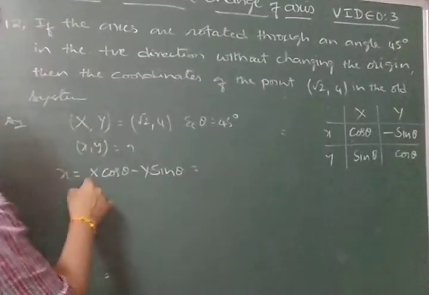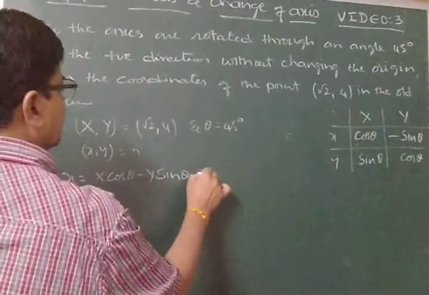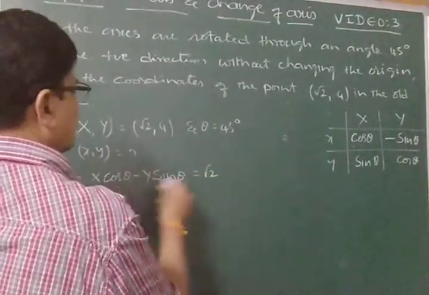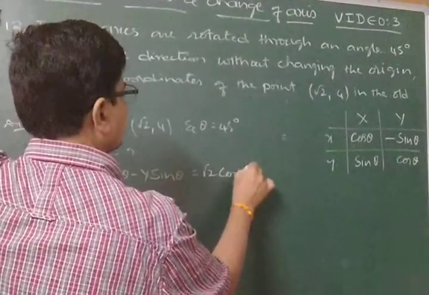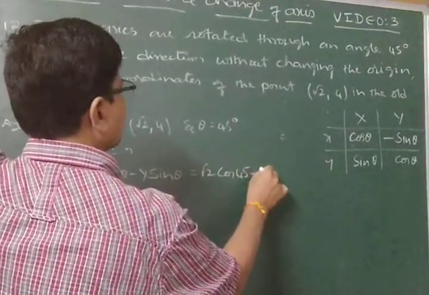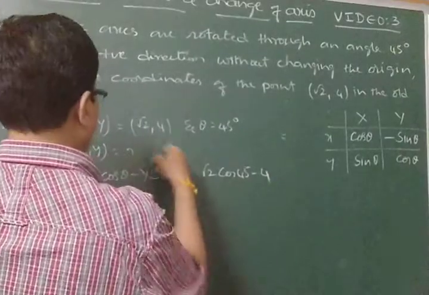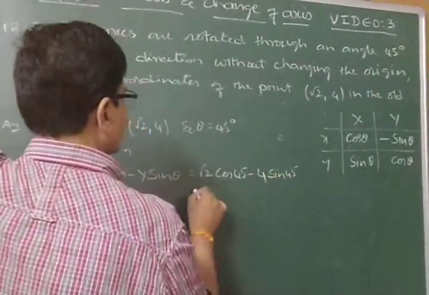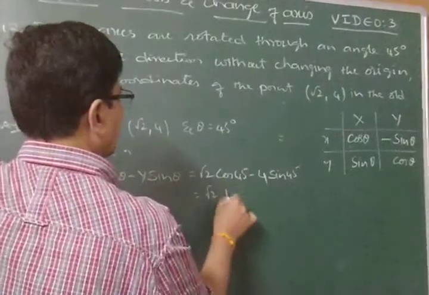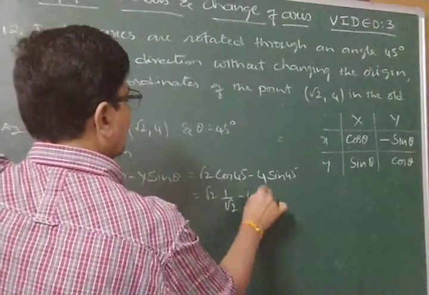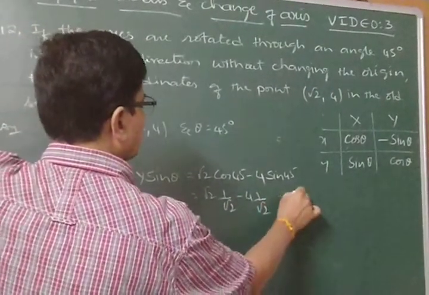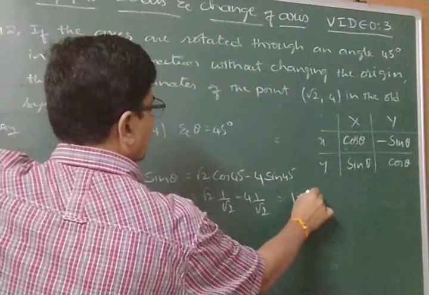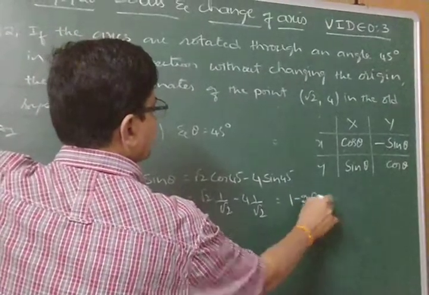That is root 2 into cos 45 minus 4 into sin 45, equal to root 2 into 1 by root 2 minus 4 into 1 by root 2, that is 1 minus 2 root 2.